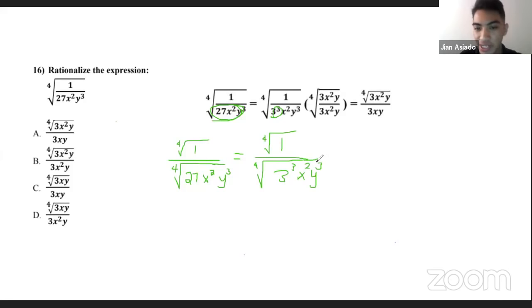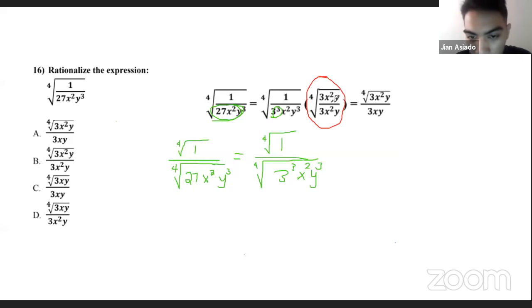Okay, so pag nagra-rationalize tayo, kailangan natin mag-multiply ng something that's equal to 1 para mawala yung radical sign dito sa baba, kasi raised to 4 siya.